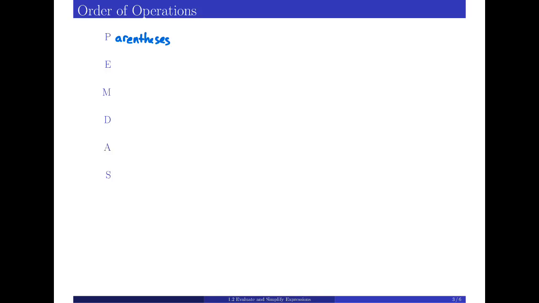Okay. After that comes exponents. So exponents are the next step. Following that, we do multiplication, which an exponent is really a specific case of multiplication, right?